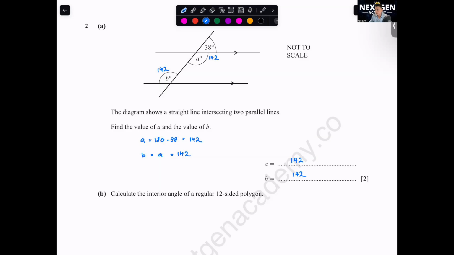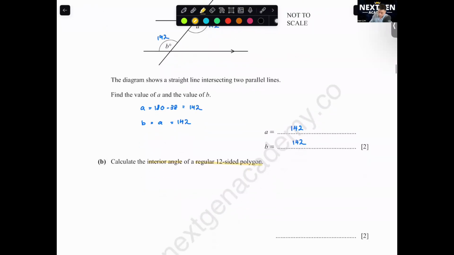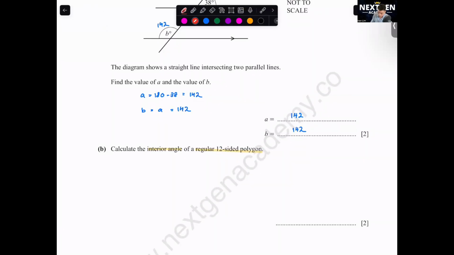Next one, calculate the interior angle of a regular 12-sided polygon. What's the formula? Regular 12-sided polygon. So the interior angle, we will take total angle, n minus 2 times 180 degrees.